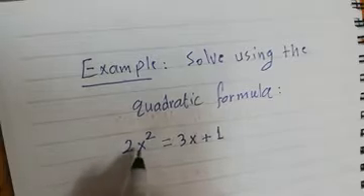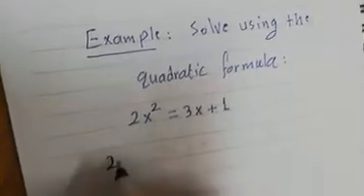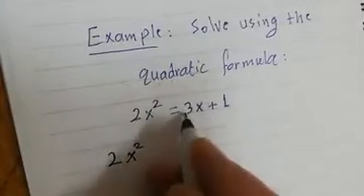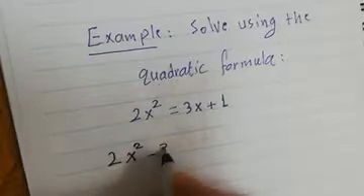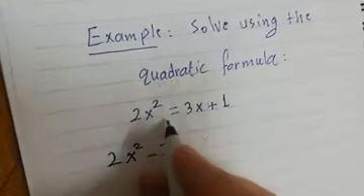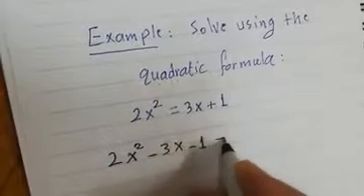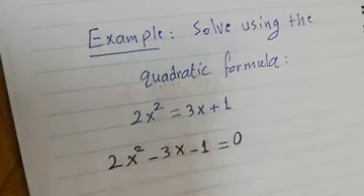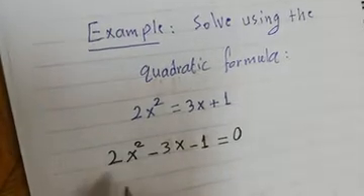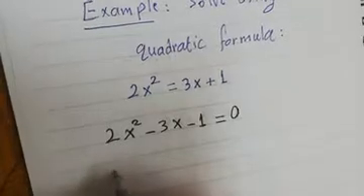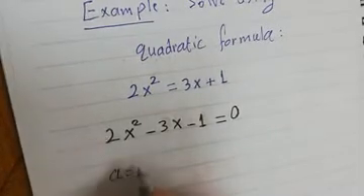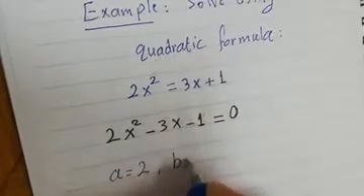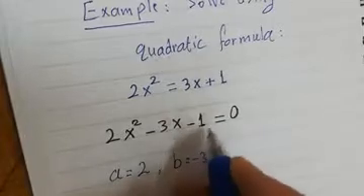I will start with this term, which is 2x squared minus 3x minus 1 equals 0. Now find the coefficients, which are a and b and c. A is 2, b is negative 3, c is negative 1.